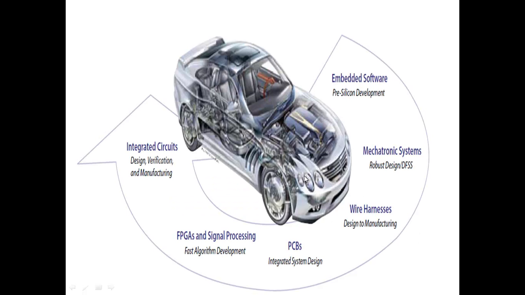Nowadays, if you see recent cars, they have completely embedded software, mechatronic systems, wire harnesses, PCBs, which include all the integrated system designs, then FPGAs and signal processing, and integrated circuits, which need design verification and manufacturing of everything.